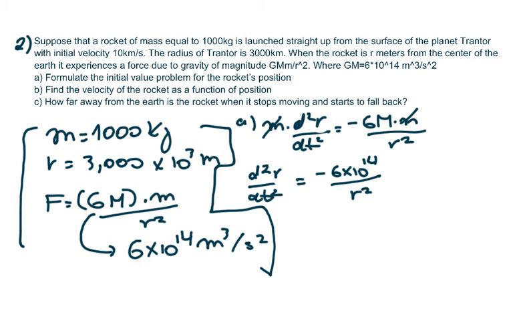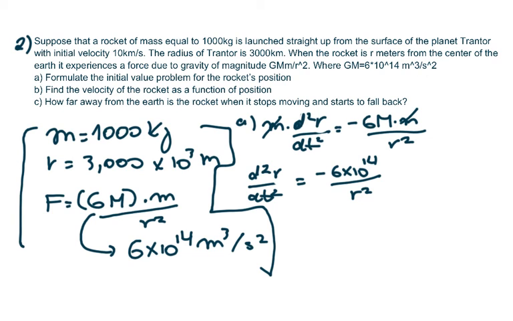But before jumping into the phase plane method, since we are asked to formulate the initial value problem for the rocket's position, every single time that we are asked to formulate an initial value problem, there is the differential equation, but we also need to take into consideration the initial conditions.